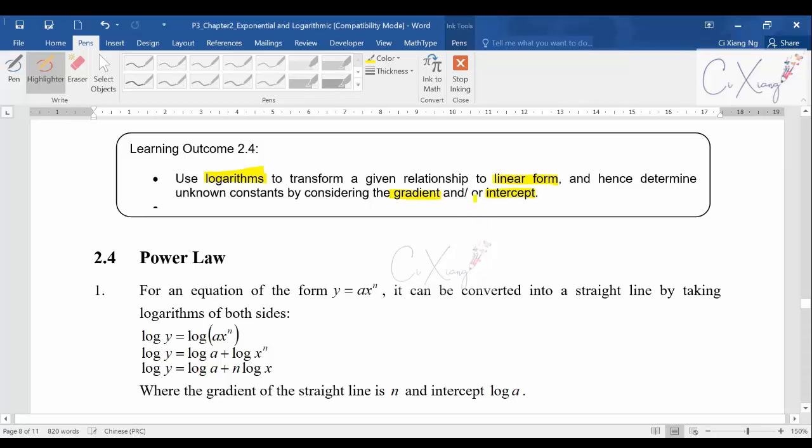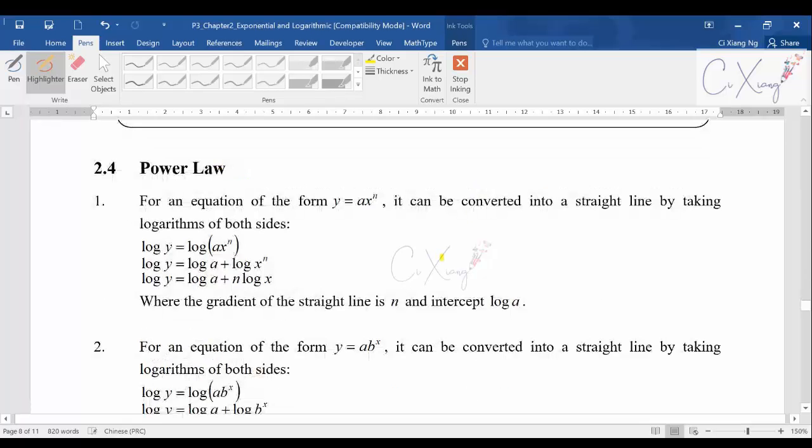So after this video, you should be able to convert a certain curve into a linear form, and then by using the gradient and the intercept from the linear form, you can estimate some unknown values that you want to get. We call it power law.